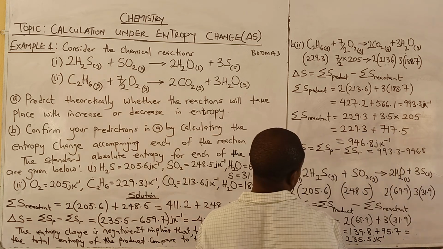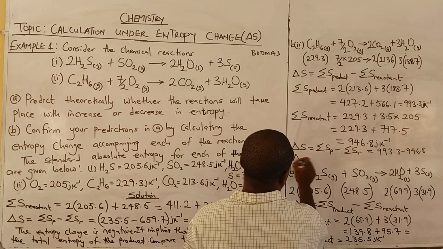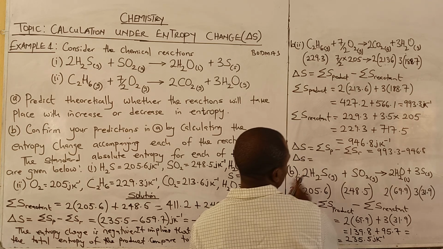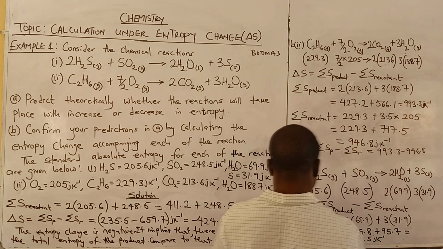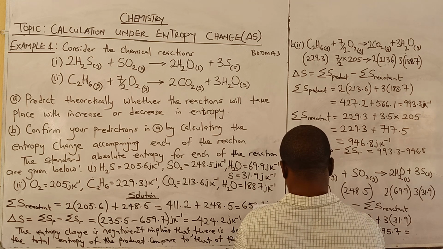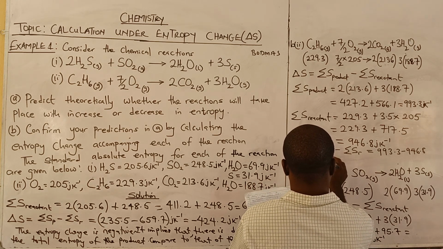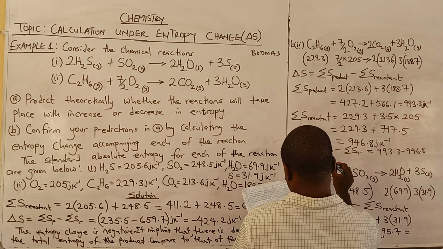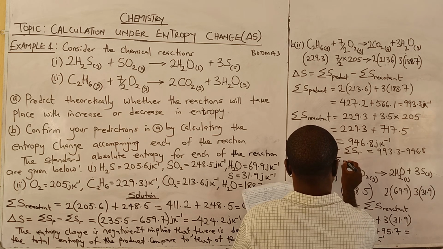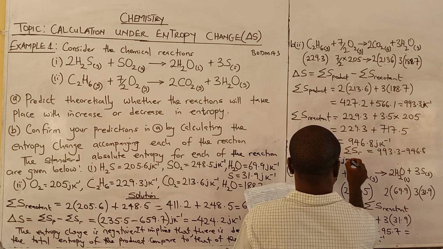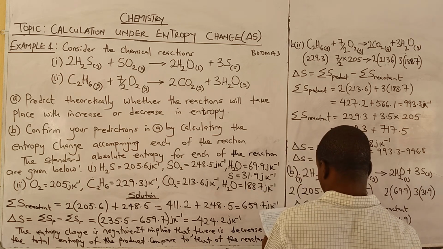When you do the subtraction, the change in entropy will be 46.5 joules per Kelvin.